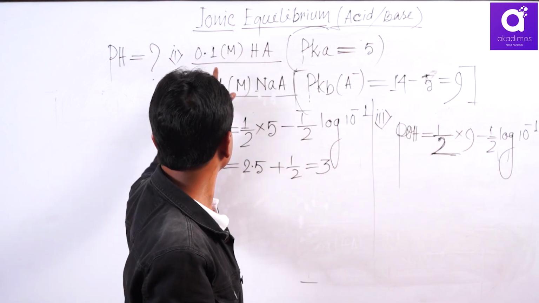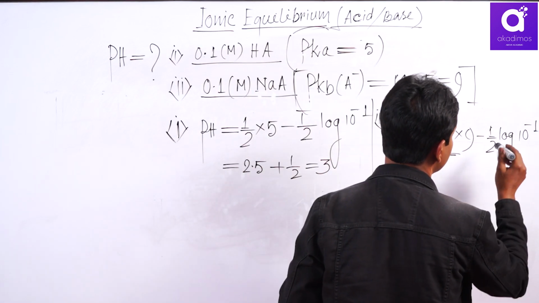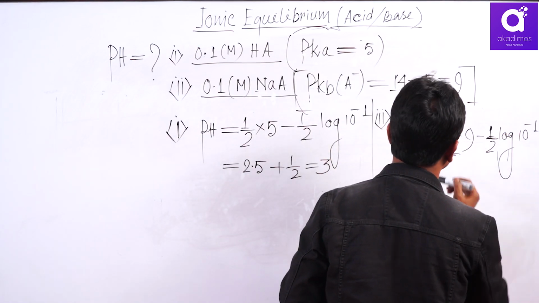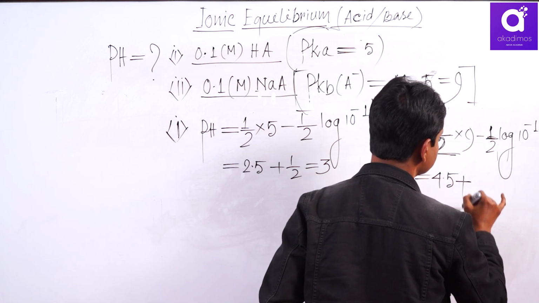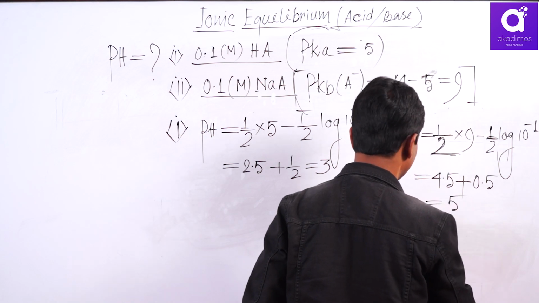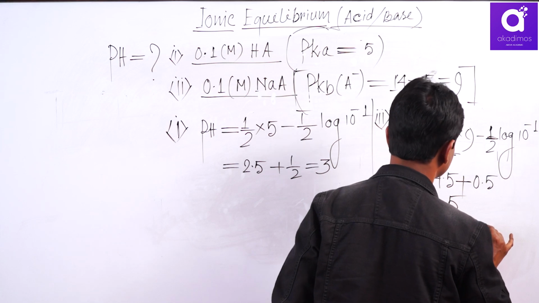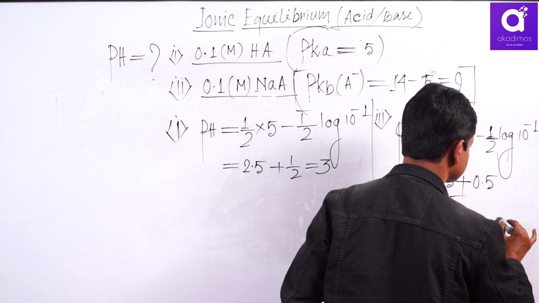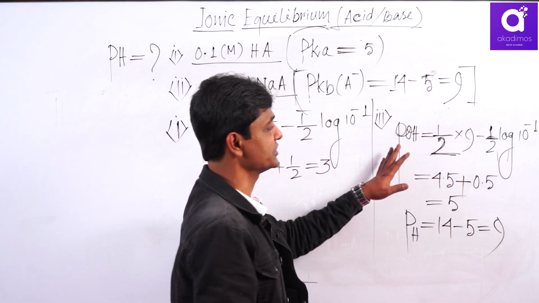I have taken 0.1 here just for easy calculation. Now it is 4.5 plus 0.5. You got 5 there, and pH you will get as 14 minus 5, that is 9. pH is 9 basically, since it is a weak base in water.